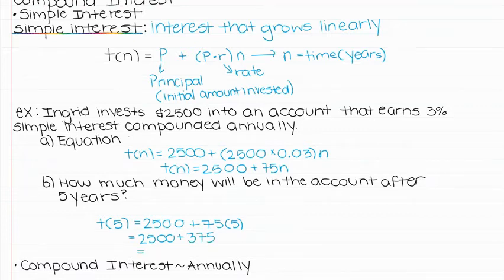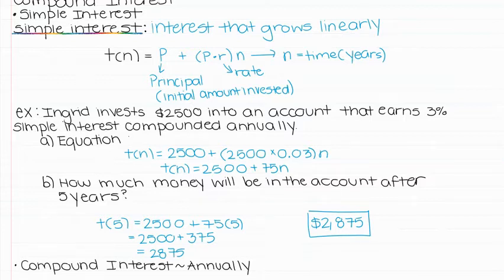So this would be 2,875. So after 5 years, there would be $2,875 in the account. The money that you would actually profit is $375. Okay, so that is simple interest.